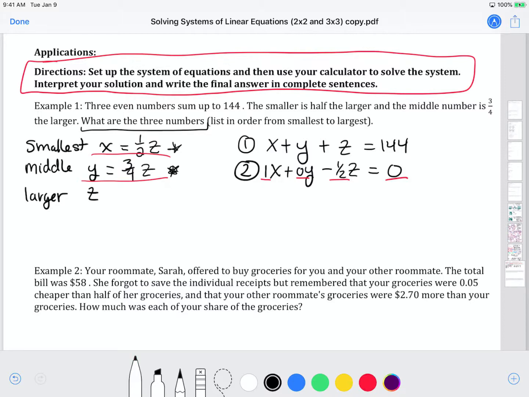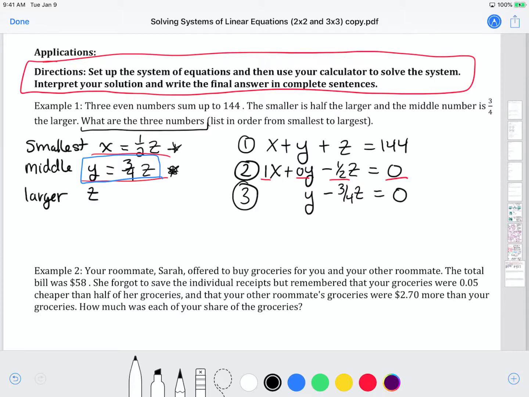Okay, now we're going to do the same thing with this equation here. I'm going to set it up so that I can use that to make my equation 3. I'm going to subtract the 3/4 z to one side, so I have all my x, y's, and z's on one side and my constant on the other. So when I subtract 3/4 z from both sides, I'm going to get 1y minus 3/4 z is equal to 0.